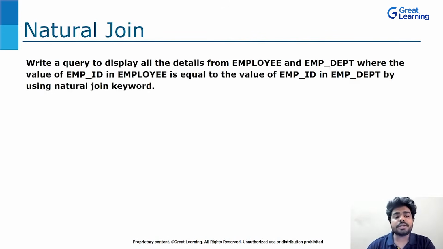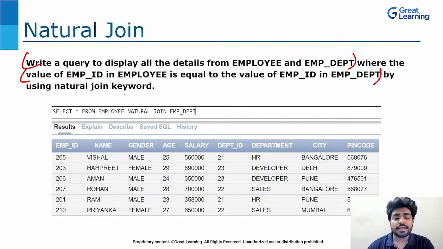So if a question says display all the details where the value of emp id in employee is equal to the value of emp id in employee department, then we have to use natural join. When we use natural join, what happens? I'm getting only one employee ID column. Can you see? There is no other employee ID column. So duplication of column is not happening here.